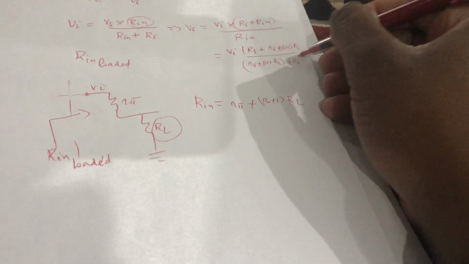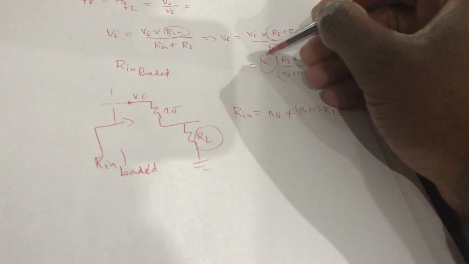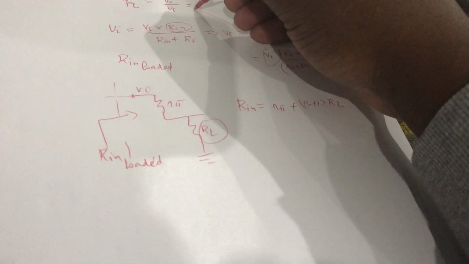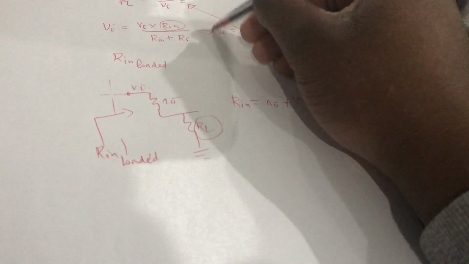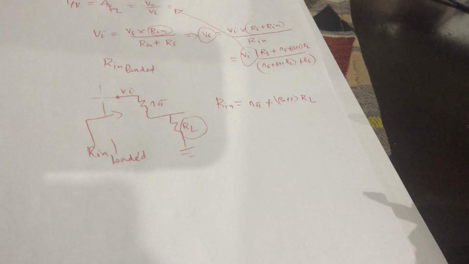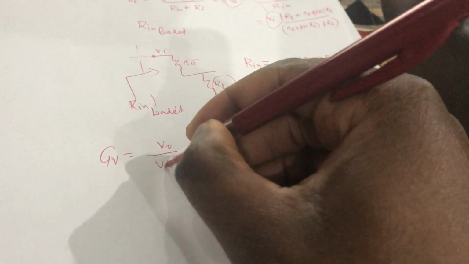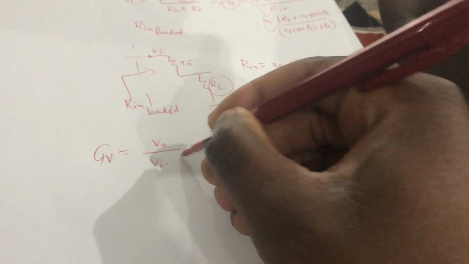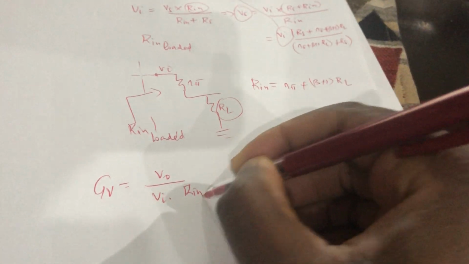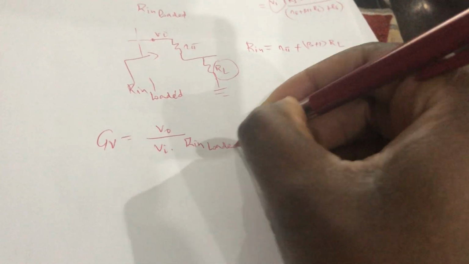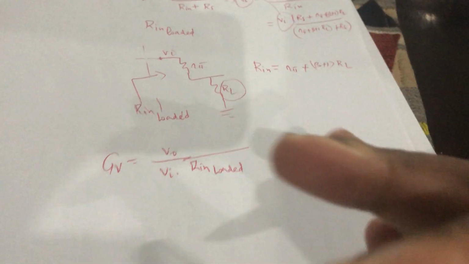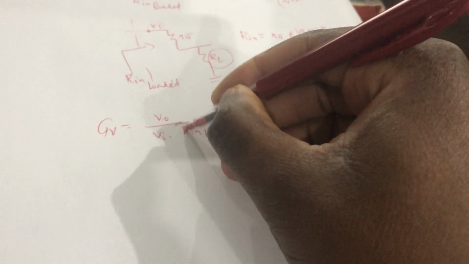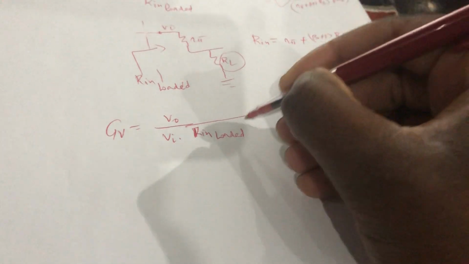So if we were to take that value of VS, then we would get GV to be V out over VI times, well, we know that this is R in loaded, to be specific, because in this case we've got R in loaded and unloaded.